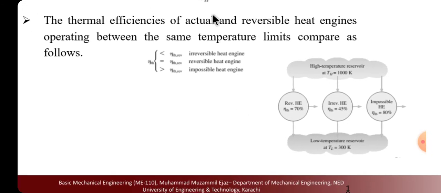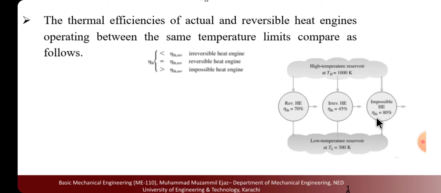The thermal efficiency of actual and reversible heat engines operating between the same temperature limits compare as follows. Now they are comparing reversible cycles with actual values. For example, we have a high temperature reservoir of 1000 Kelvin and a low reservoir of 300 Kelvin. The thermal efficiency of the reversible cycle is 70% and the efficiency of the irreversible cycle is 45%. This is correct, because the efficiency of reversible is always greater than irreversible.